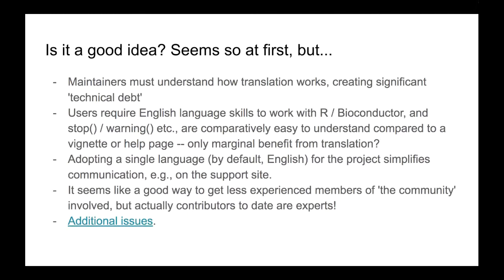So if the goal of this is to increase accessibility for non-native speakers, I'm wondering if a first easier step would be to start translating vignettes of popular packages into other languages, which seems much more straightforward from a technical point of view.